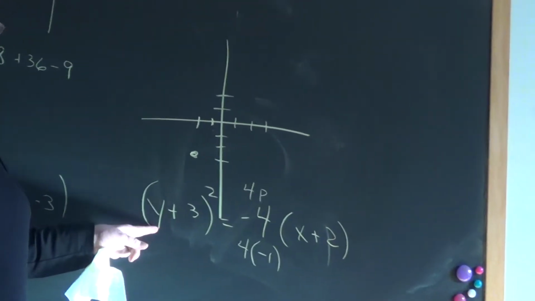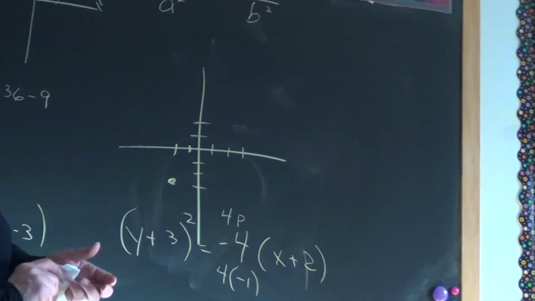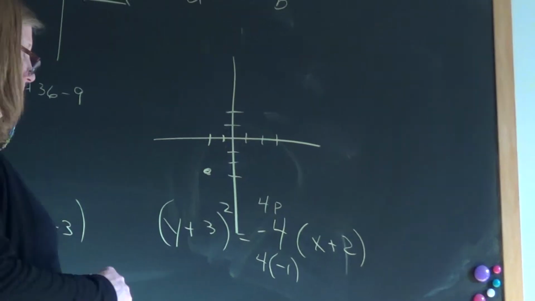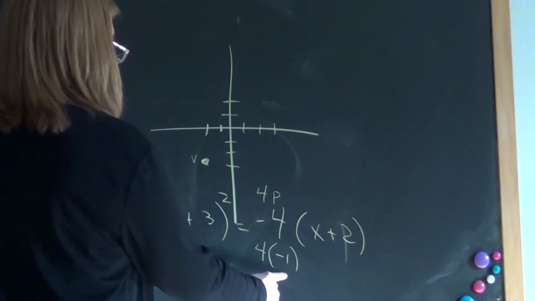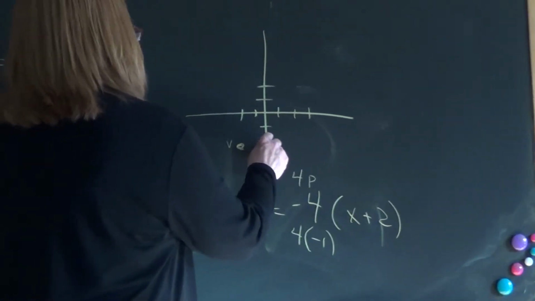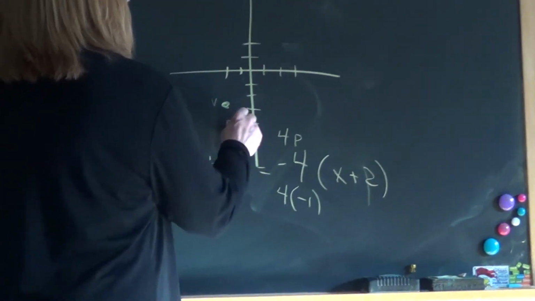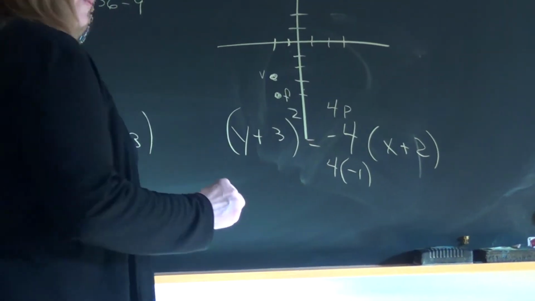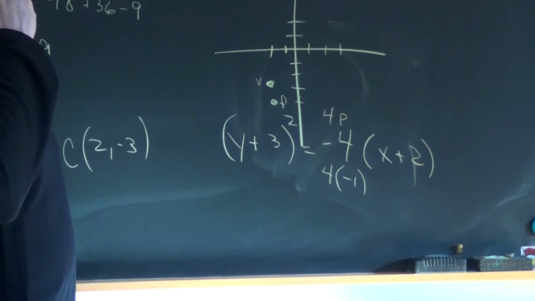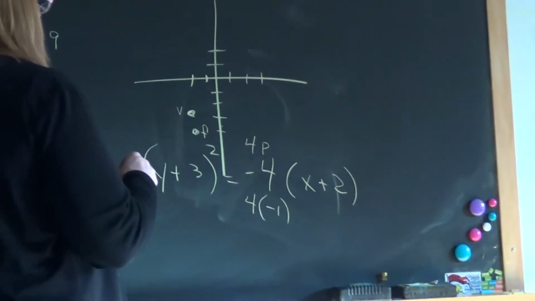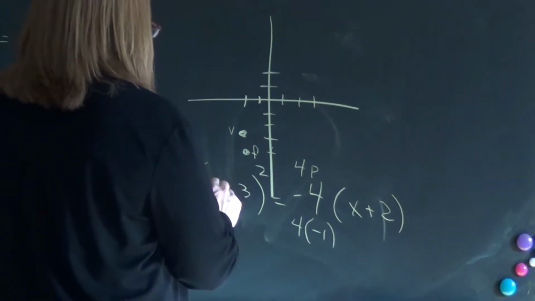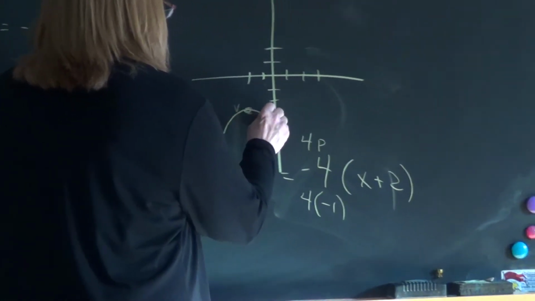Vertical, because y is squared. So it's going to open up or down. Since this is the vertex and p is -1, this is the focus, so it'll open down, because it's going to envelop it and not touch it.